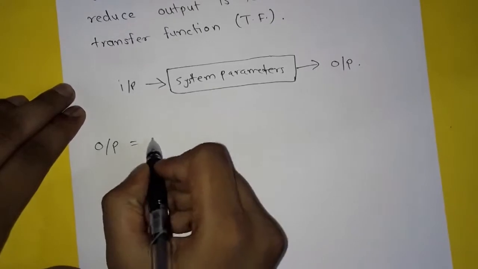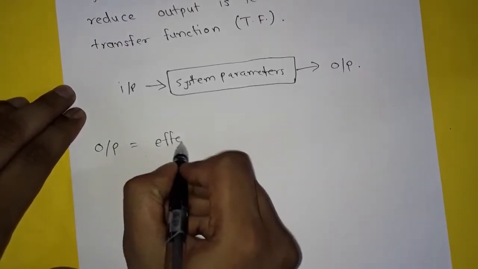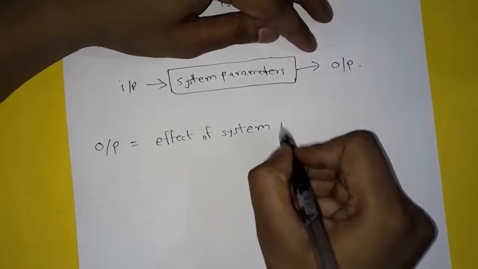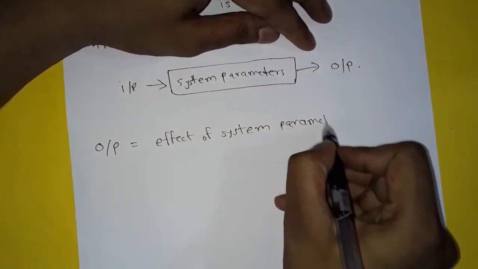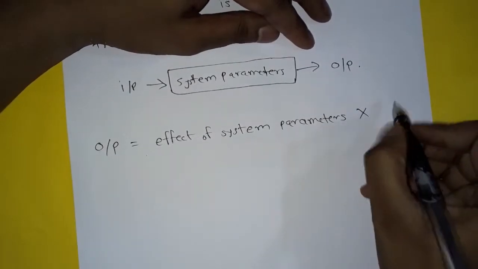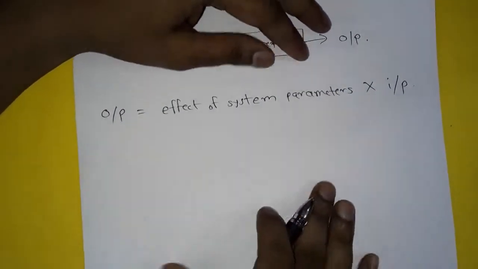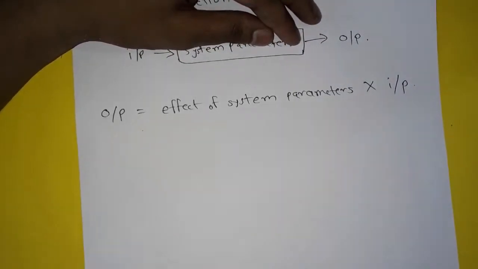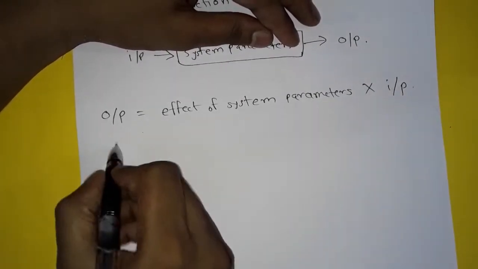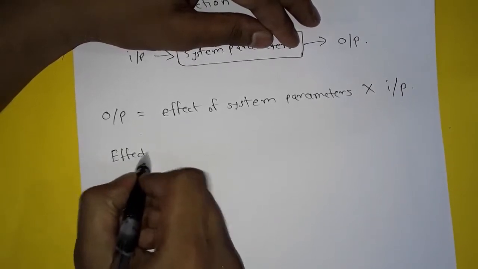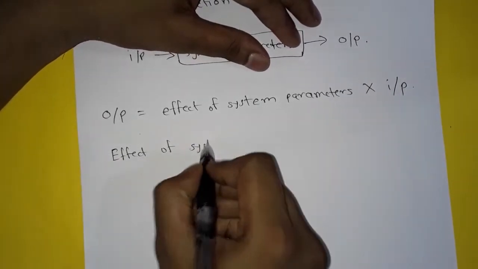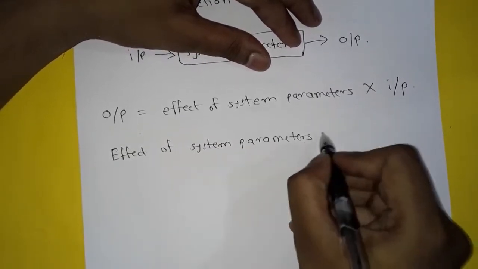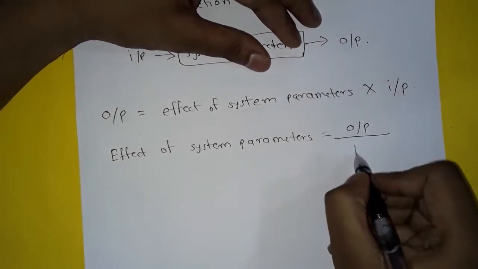Output is equal to the effect of system parameters into input. This effect of system parameters can be expressed as output upon input, that is, the effect of system parameters is equal to output upon input.